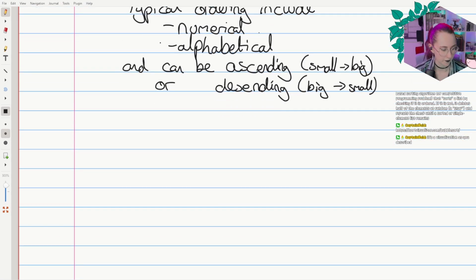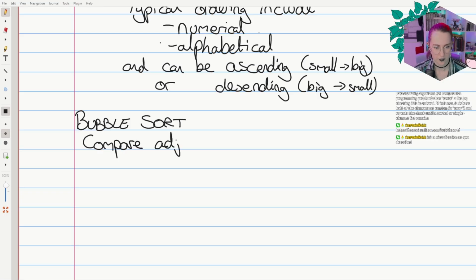So with bubble sort, you start by comparing adjacent items in a list.